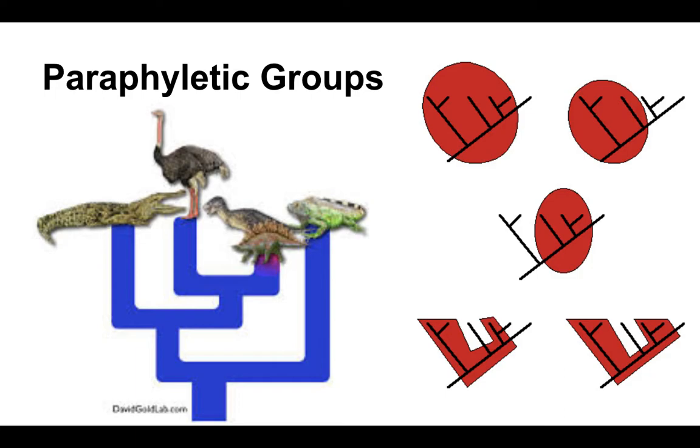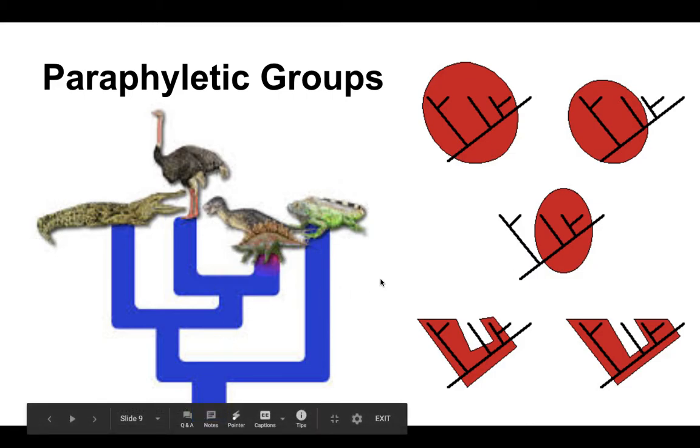So reptiles all did descend from a common ancestor, that is true. So dinosaurs and lizards and alligators, turtles should be in here too somewhere, I think over here, they all had a common reptile ancestor, but birds are also descended from that same ancestor.